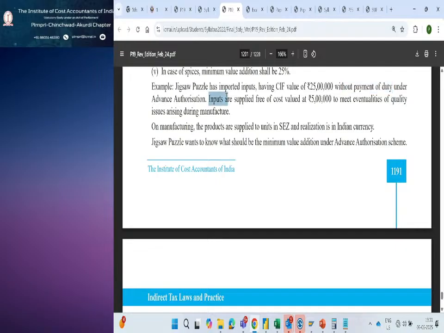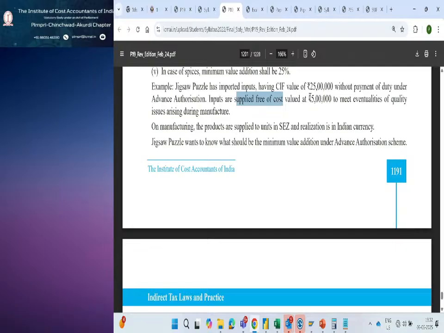And there are inputs that are supplied free of cost. So you are importing two things: one under CIF without paying duty, the other time free of cost materials have been imported.